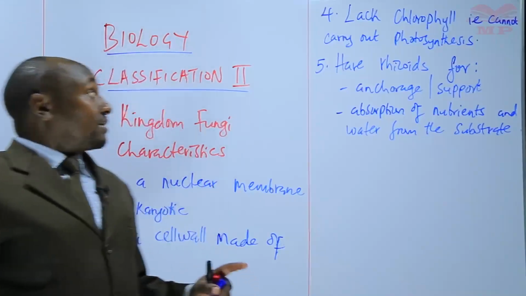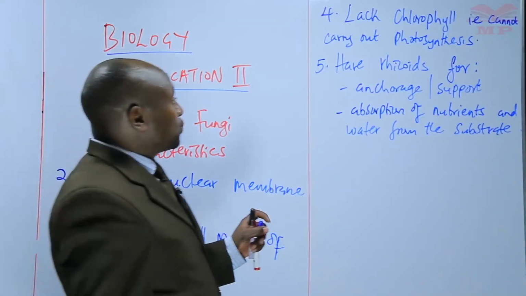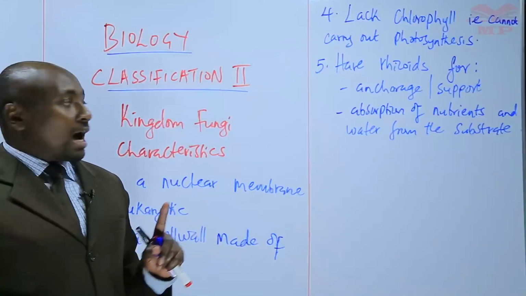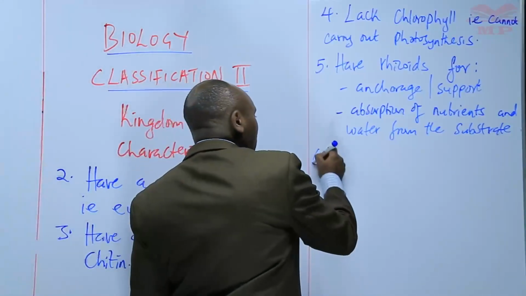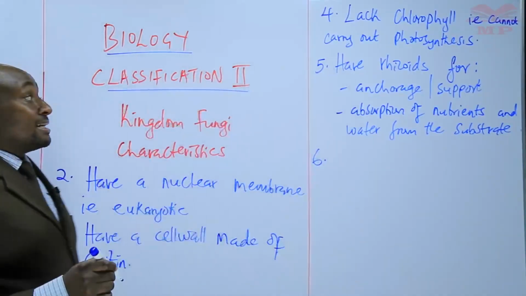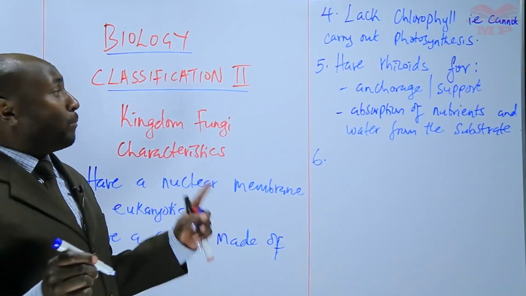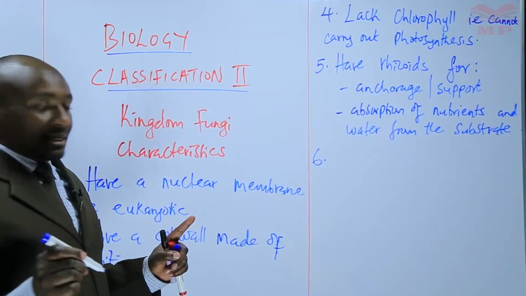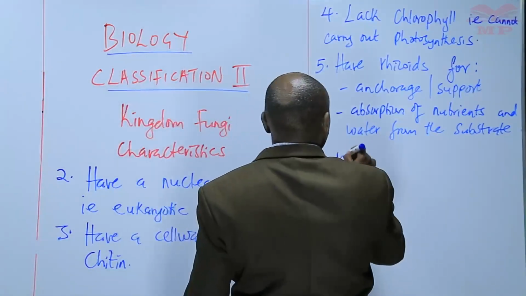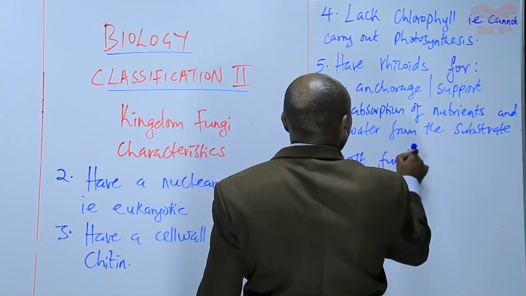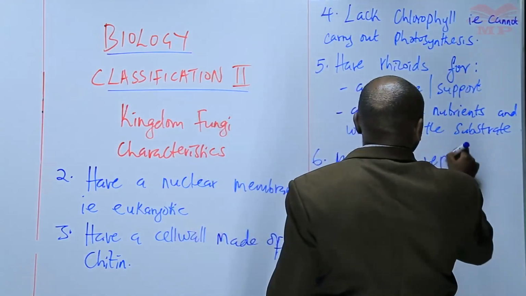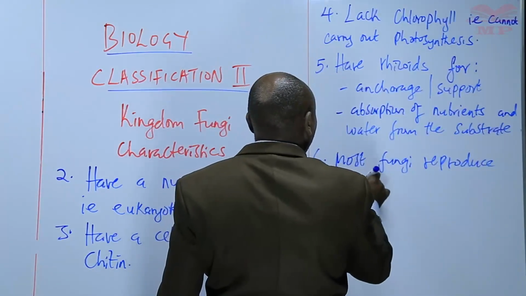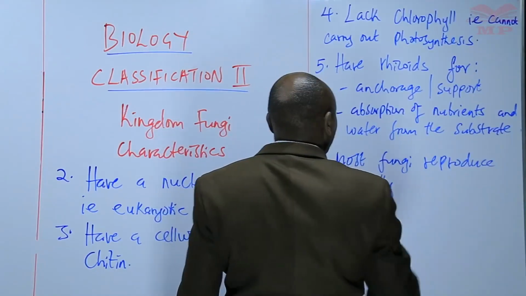Now, the other thing that is also worth noting is their mode of reproduction. How do they reproduce? So characteristic number 6 is that most fungi reproduce asexually. So no gametes. So we can say that most fungi reproduce asexually without the use of gametes.